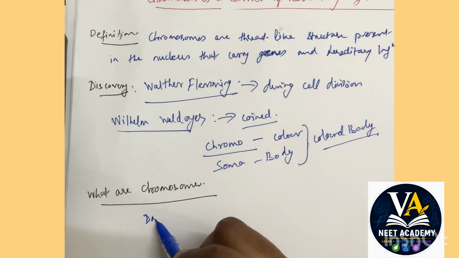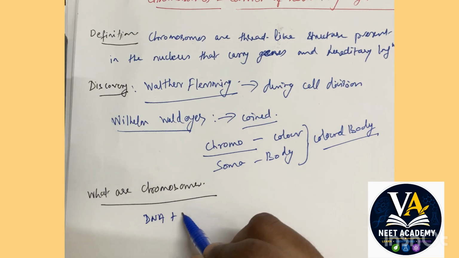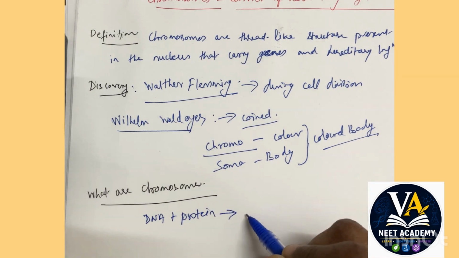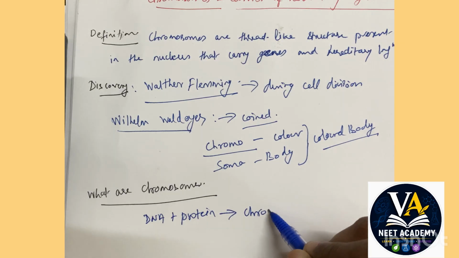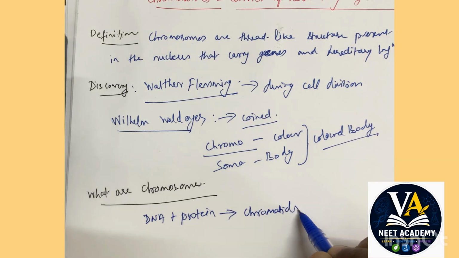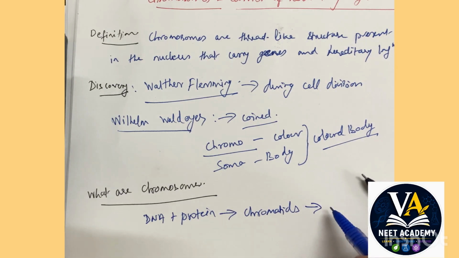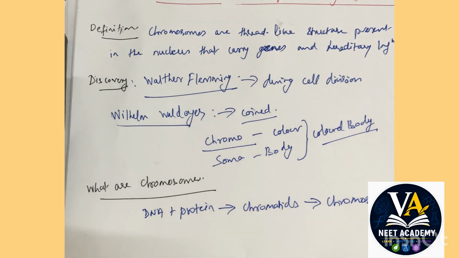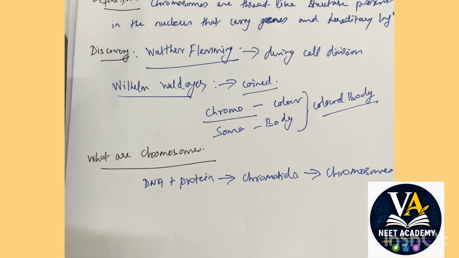This DNA combines with protein to form chromatin. During cell division, the chromatin condenses or shrinks, and this is what we call a chromosome. Because it shrinks very closely, it is able to take up the stain strongly.